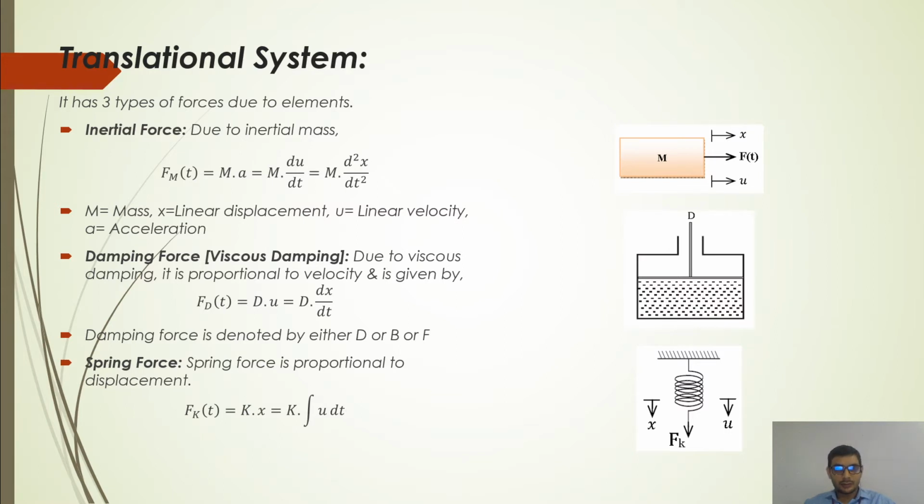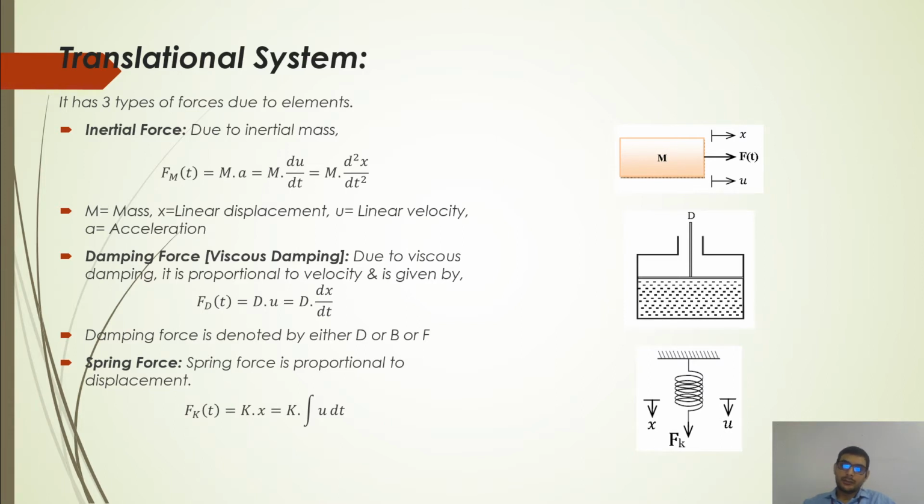In terms of displacement, it can be equated to m times d²x/dt². That is, the second differential of displacement is equal to acceleration, which produces the force equal to ma, or m times the second differential of x.